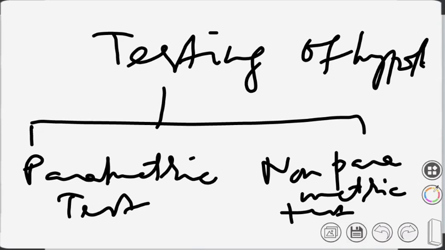In parametric or non-parametric test, some characteristics of the population are suggested. In case of parametric test, the population characteristics like the value of population mean, value of population standard deviation, and certain other characteristics are suggested, and with the help of the sample it is tested whether the suggestion is correct or not.